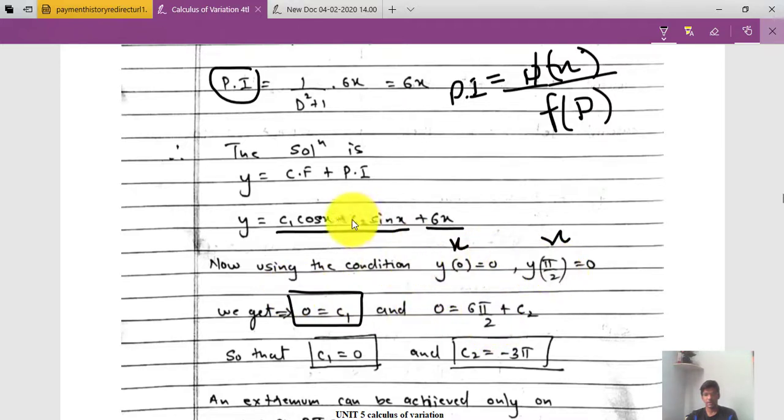Also when x equals pi by 2, cos pi by 2 turns out to be 0, 6 pi by 2 turns out to be 3 pi, and sin pi by 2 is 1, so c2 plus 6 pi by 2, and I will transfer this to the left hand side, so c2 is equal to minus 3 pi, right? Fine.